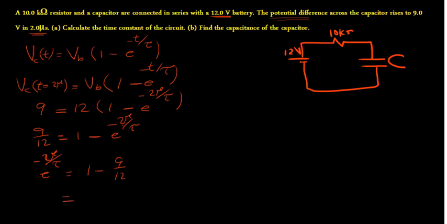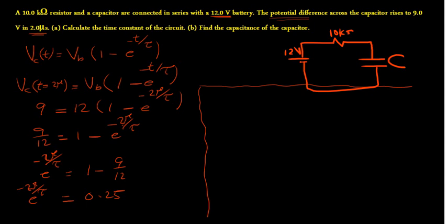That will be 0.25, and that's the exponential of minus 2 micro over tau. To solve this equation we apply the ln, and if I take the ln of both sides, that will end with minus 2 micro over tau equals ln 0.25.